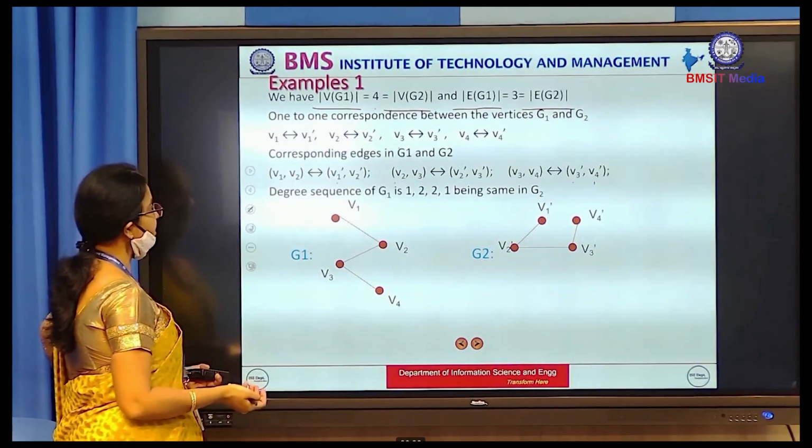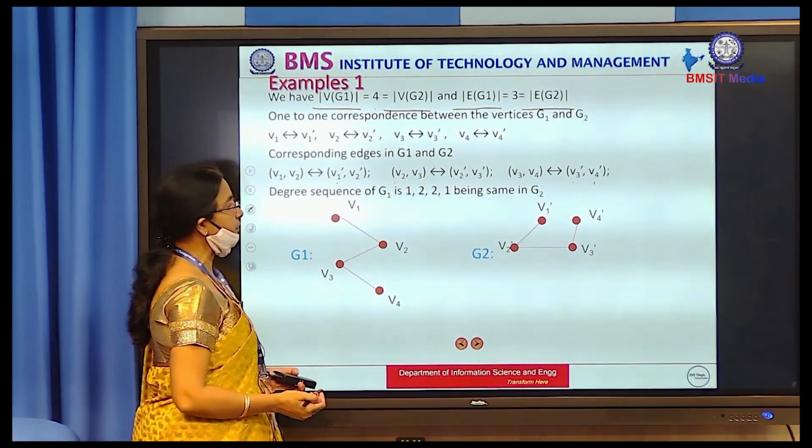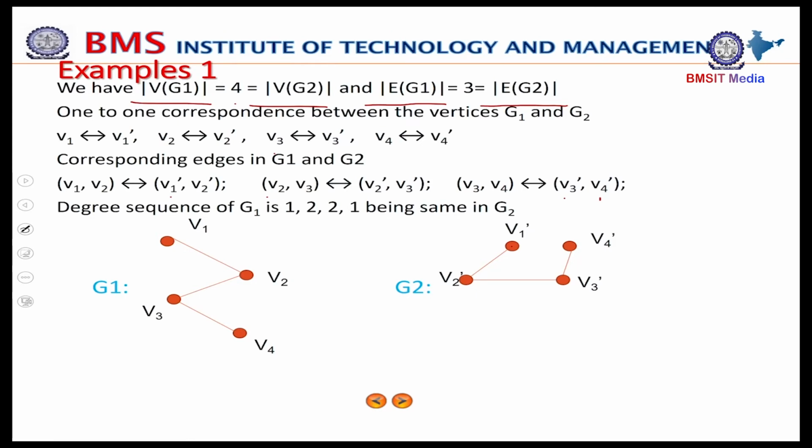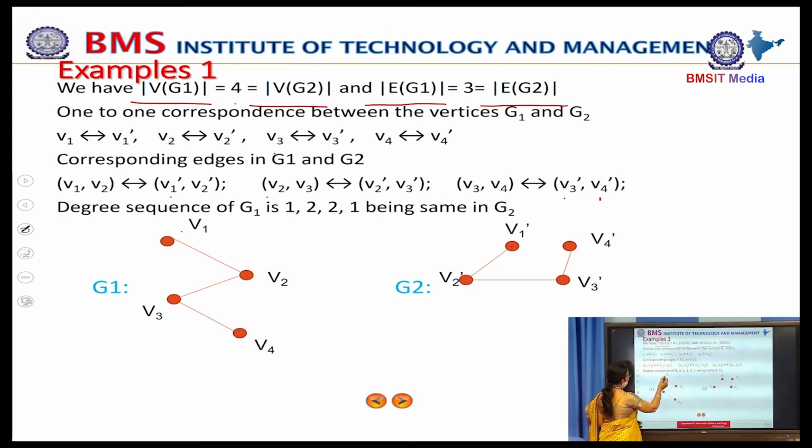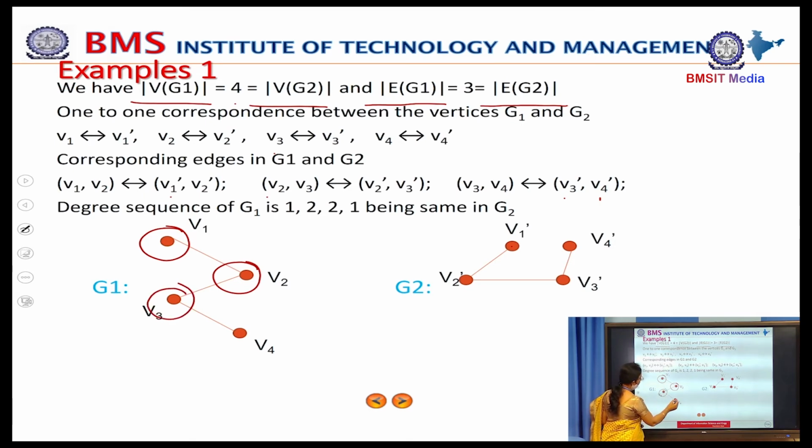Now let us check the degree of the given graph. What is the degree of V1? V1 has degree 1, V2 has degree 2, V3 also has degree 2 and V4 has degree 1, that is 1, 2, 2 and 1.